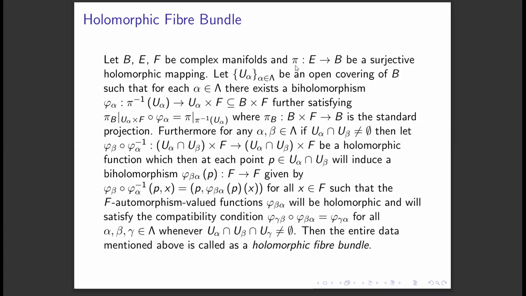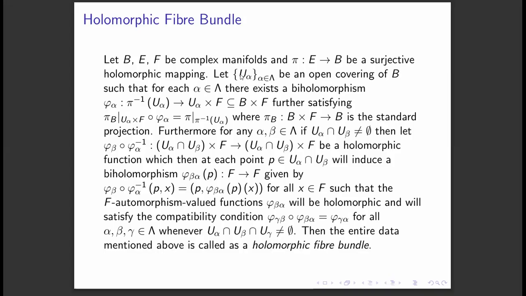So π from E to B, where E and B are both complex manifolds, is a surjective holomorphic function. Then every element p belonging to B has a fiber over it, which is π inverse of p, and all of these fibers are biholomorphic to the typical fiber space F. So we will see how this happens.